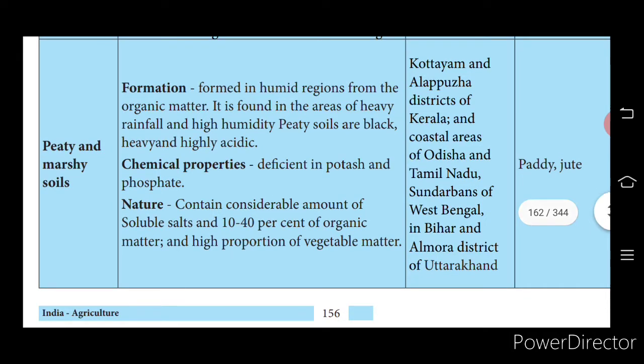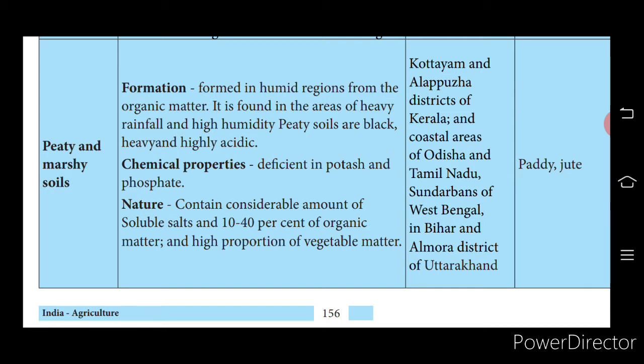Now coming to the peaty and marshy soils. From the name itself we can understand what marshy means. It will be very wet. Okay, it is found in areas of heavy rainfall and high humidity. Peaty soils are black and heavy, highly acidic, and deficient in potash and phosphate. So the nature here is a considerable amount of soluble salts, 10 to 40% of organic matter, and a high proportion of vegetable matter.